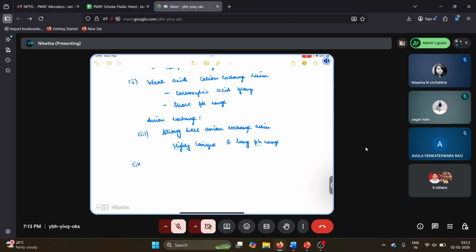And then last is weak base anion exchange resin. So this has a low ionization capacity.